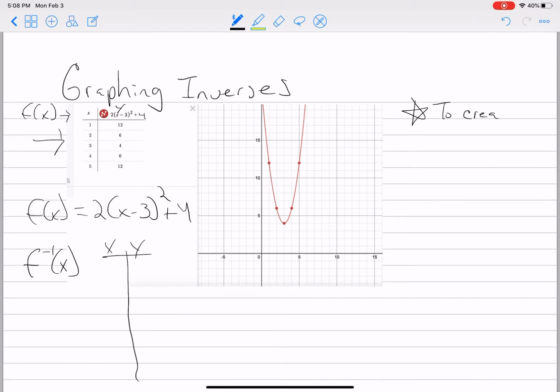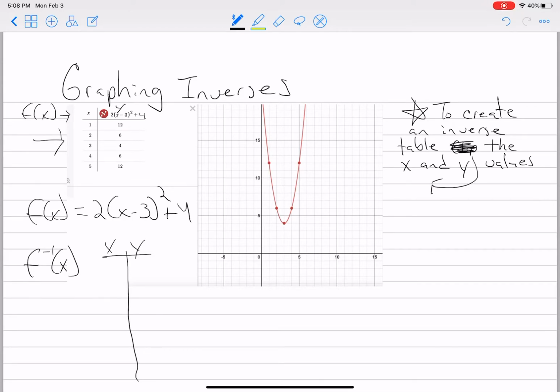To create an inverse table, flip the x and y values. Maybe flip's a bad word.